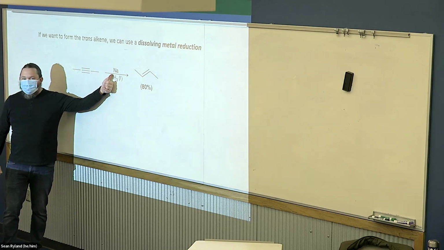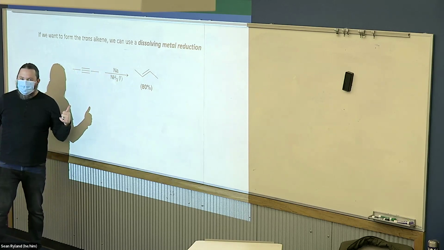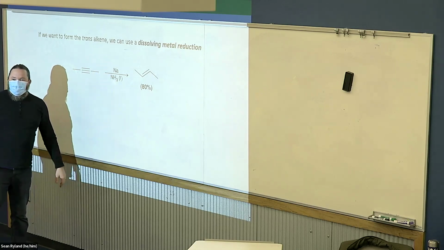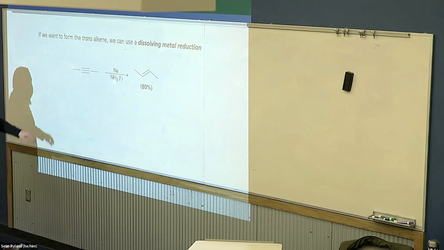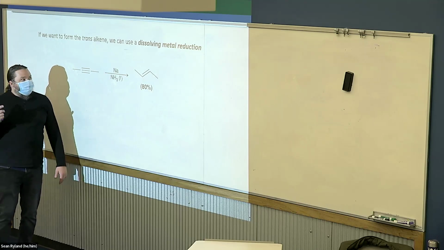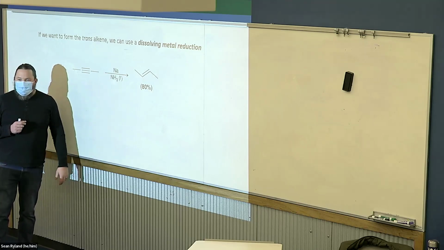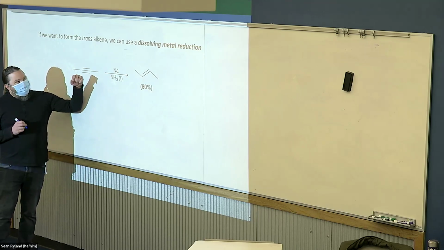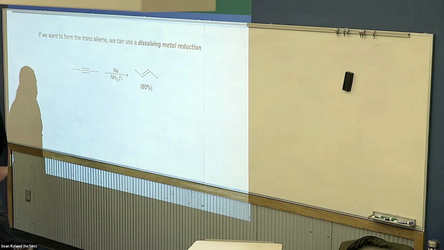Two, you're dealing with solid sodium metal, and we remember the demonstration from Gen Chem of what happens when you put sodium metal in water. And you're dealing with liquid ammonia, which is really nasty. So less ideal. Which is okay because for most pharmaceutical applications, trans alkenes don't show up in nature very much. So very rarely do we actually need specifically to make the trans alkene anyway.